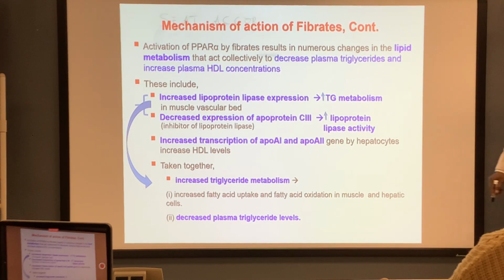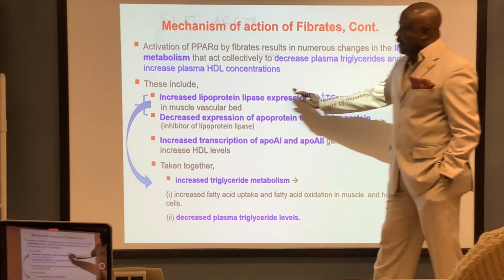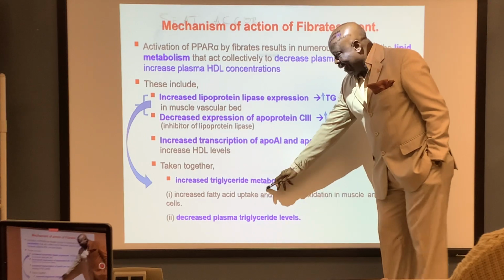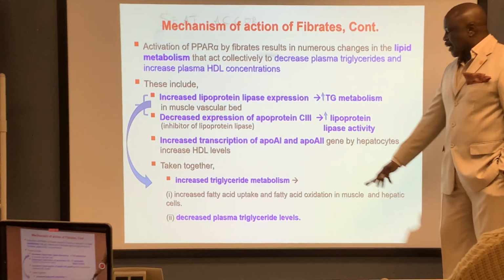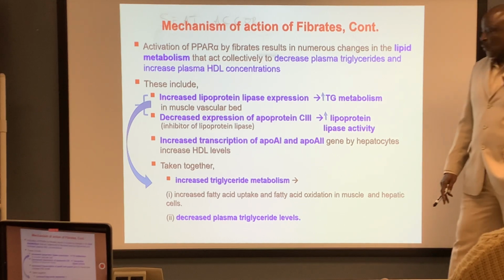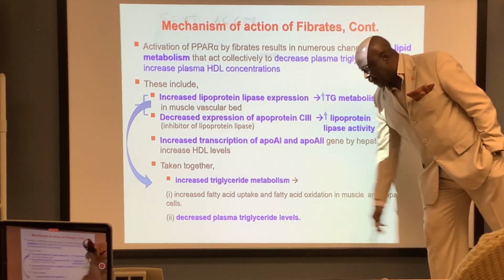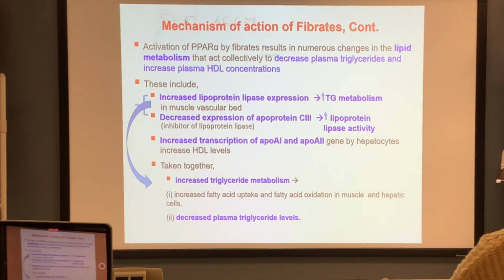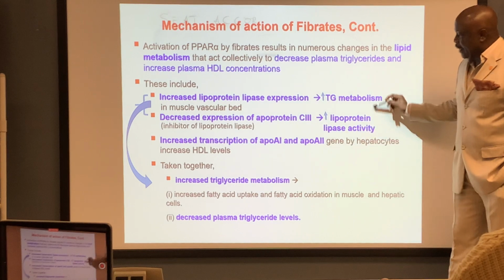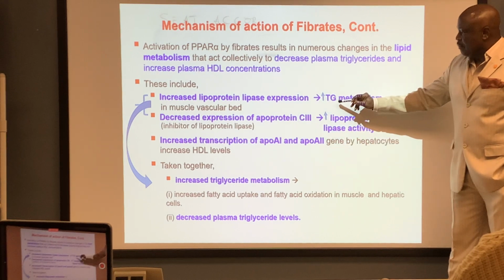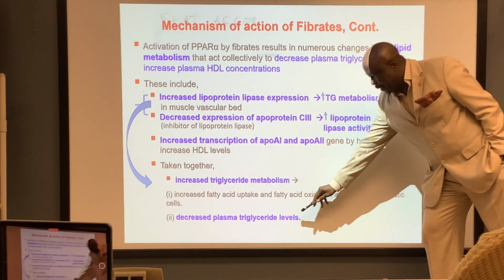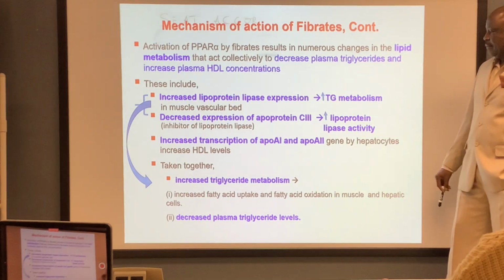So when you take these three mechanisms together, what do you end up with? You increase fatty acid uptake and fatty acid oxidation, and you also decrease plasma triglyceride levels. So that's the combination of these three actions. When triglyceride metabolism goes up, you decrease the triglyceride levels in the body.